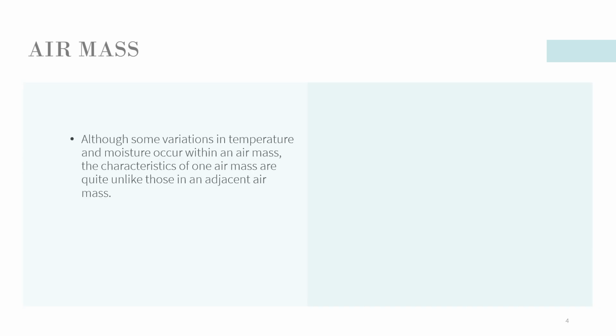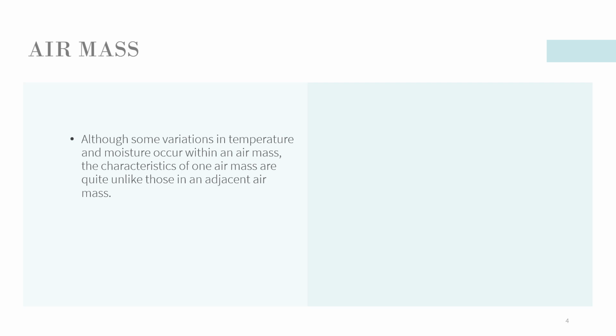And although we've said that the conditions must be uniform, some variations in temperature and moisture also occur within an air mass. That means that the characteristics of one air mass are quite unlike those in an adjacent air mass.